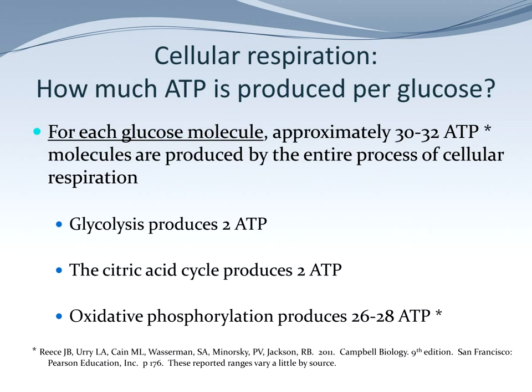Approximately 30 to 32 ATP molecules are generated for each glucose that enters cellular respiration. 2 of these ATPs are generated by glycolysis, another 2 are generated by the citric acid cycle, and the remaining molecules are produced by oxidative phosphorylation and the activity of ATP synthase.